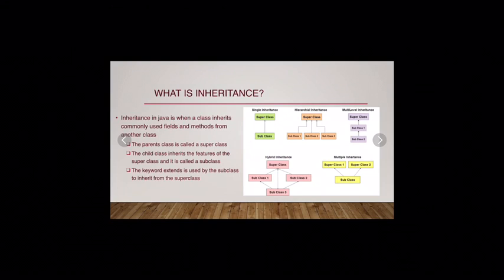what is inheritance? Inheritance is a very important concept when dealing with object-oriented programming. And inheritance in Java is when a class inherits all the fields and methods from another class. And I want you to think about this example of heredity, right? Heredity in humans or in animals and many different species.